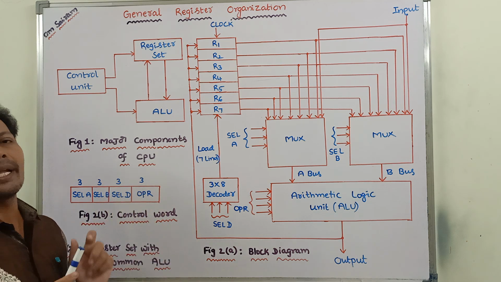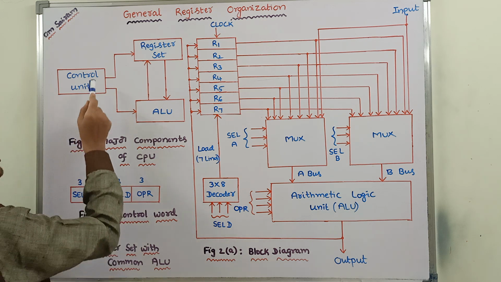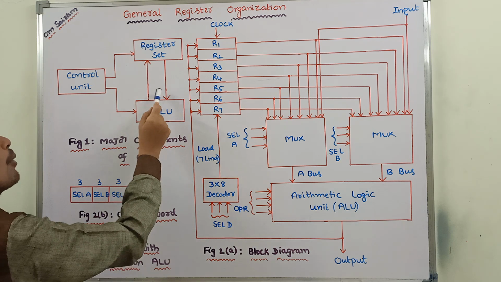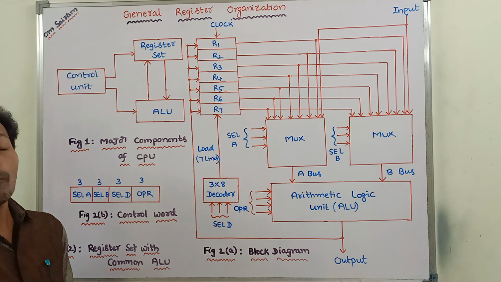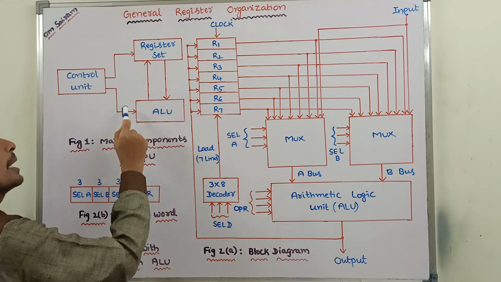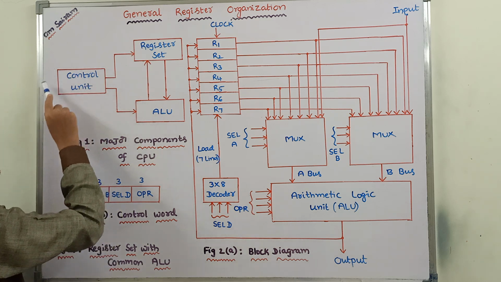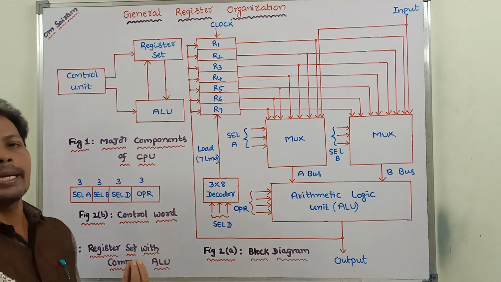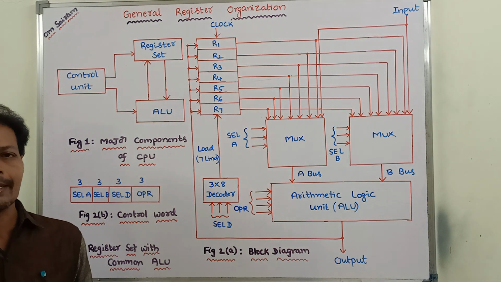Whenever we are transferring information from one register to another register, that is supervised by the control unit. Suppose we want to perform a particular operation, that operation is performed by the ALU, as instructed by the control unit.